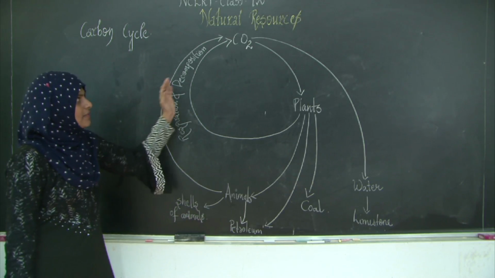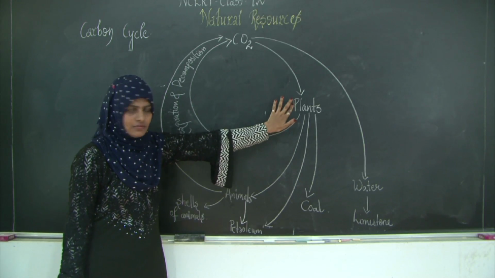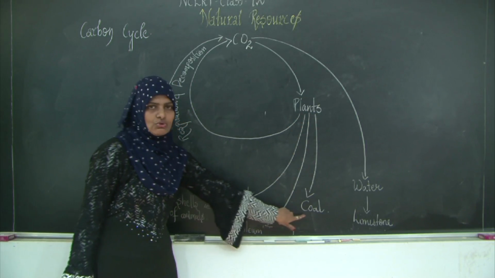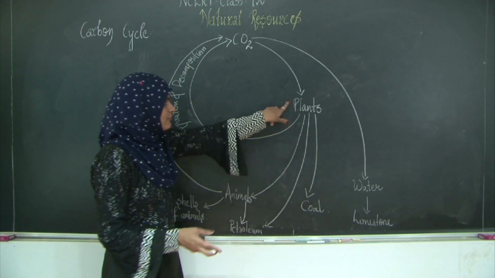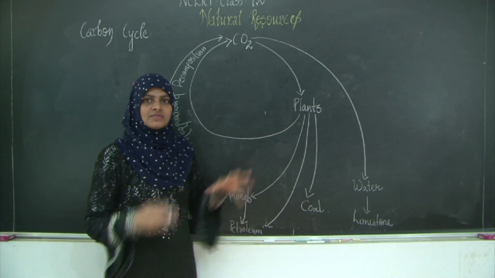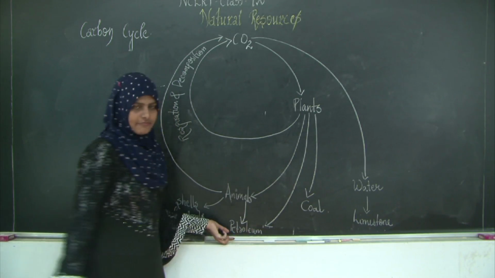Okay. So the carbon dioxide is taken up by the plant and animal, but it is present in the plant. From the plant it comes to the animal. From the plant it also goes to a fossil fuel, that is coal. So the coal also contains carbon. From the plant itself it goes to petroleum, but the petroleum is made up of marine plants and animals. So both will contribute to petroleum.